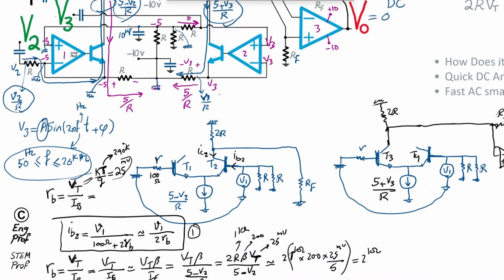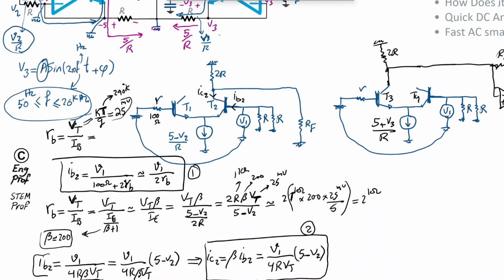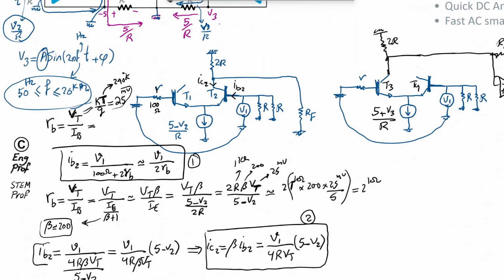And then for the second one here, I can apply the same analysis, and then I will get, as a result, this outcome that says IC3, or basically the corresponding AC small signal current going through the collector of T3, is equal to, this time, V1 divided by 4R Vt, and then we have 5 plus V3. Because previously we had 5 minus V2, so 5 plus V3. So let's name this equation number 3.